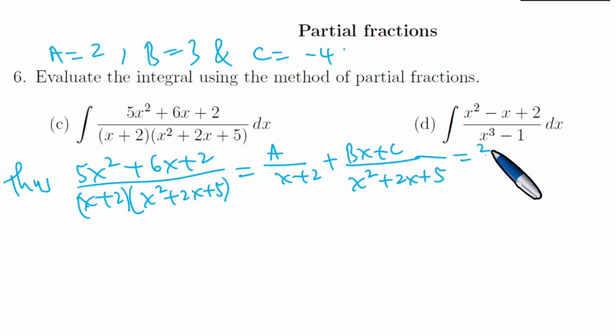A being 2 over x plus 2, B being exactly 3, C being minus 4, divided by x squared plus 2x plus 5.